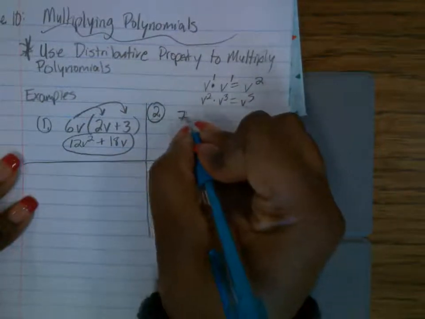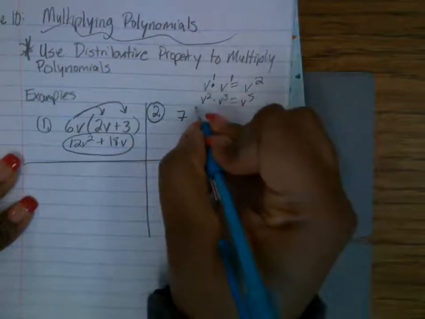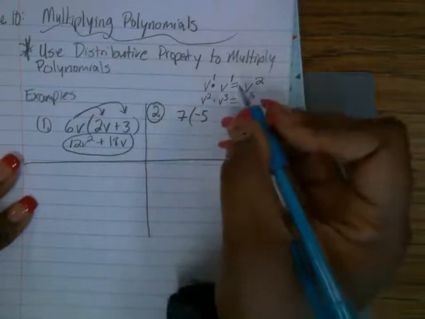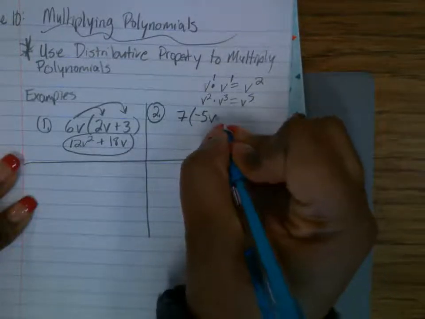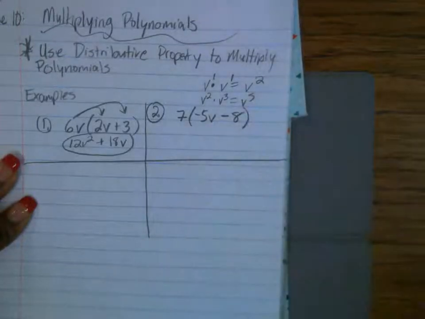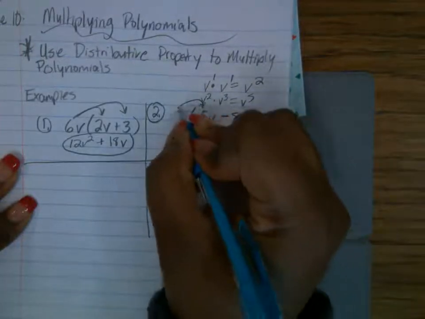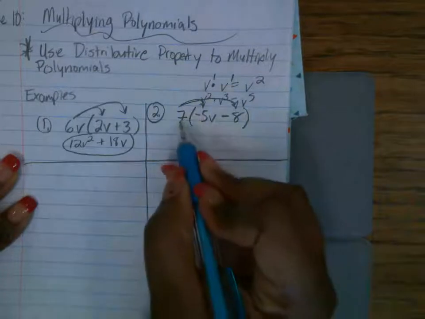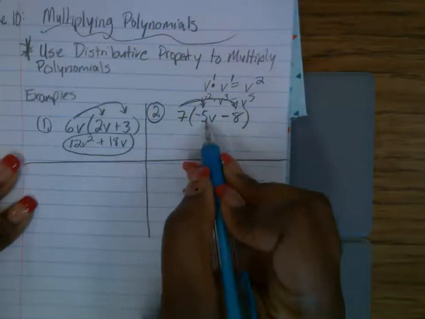You have the number 7 times the binomial negative 5v minus 8, okay? You're going to multiply 7 times both numbers or terms in the parentheses. What does this give me? What's 7 times a negative 5v?